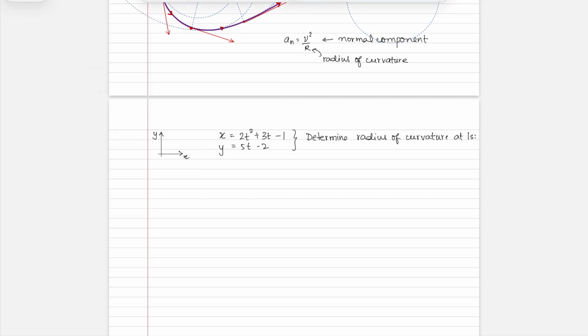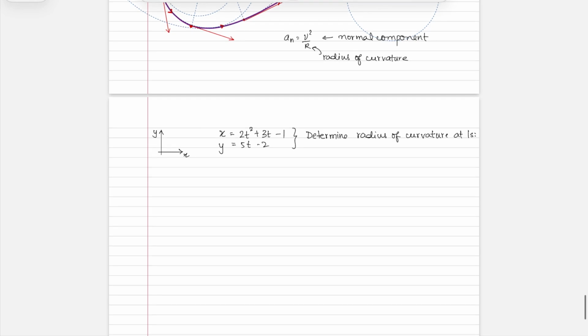Okay, so what coordinate system are we using here? This is a rectangular coordinate system because you have x being defined as 2t squared plus 3t minus 1 along the i hat direction, and y being defined as 5t minus 2, which is along the j hat direction.